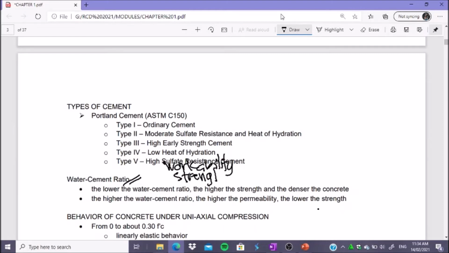The lower the water cement ratio, the higher the strength. However, it is not workable. So there needs to be proportion. And there is a certain range of values of water cement ratio in structural members.